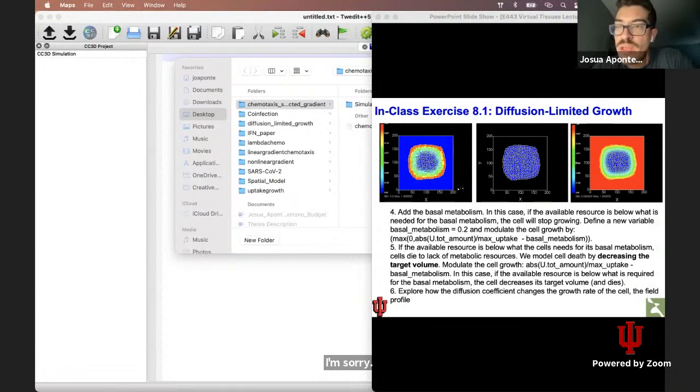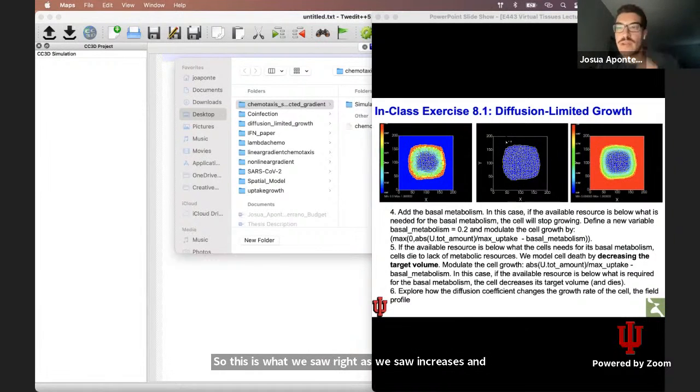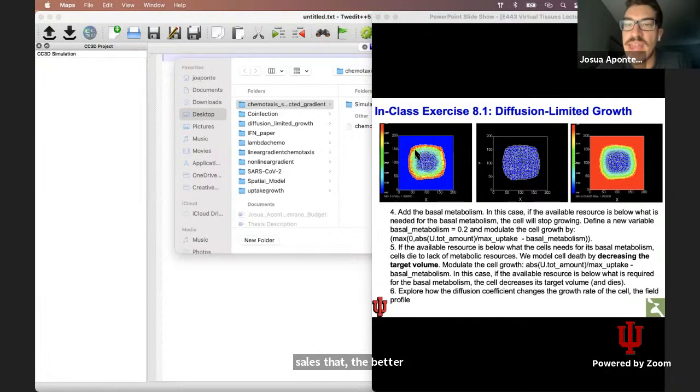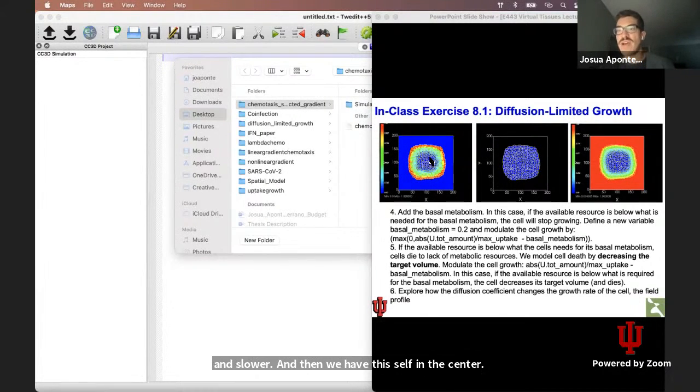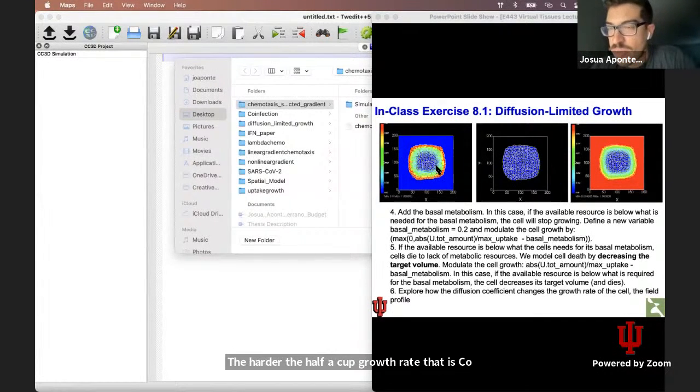As the cell increases, and then if we make the simulation domain bigger and bigger, what will happen is that we will have a domain of cells that proliferate as fast as they can. Then we have a domain of cells that are proliferating slower and slower. And then we have these cells in the center that have a growth rate that is 0.